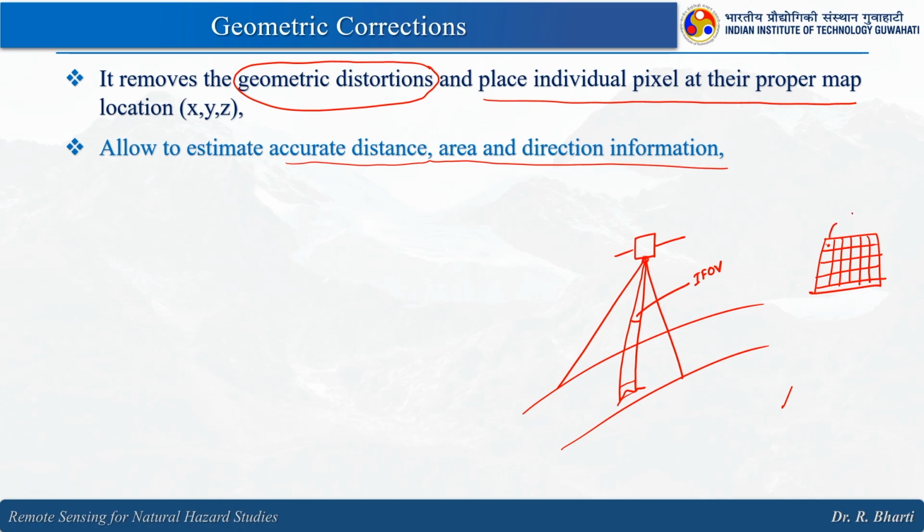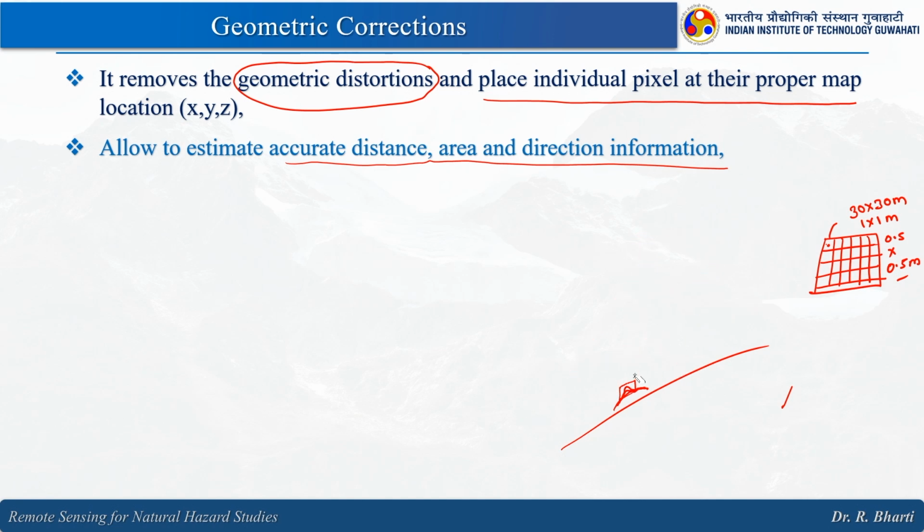But we generally say this satellite image is having 30 by 30 meter or 1 by 1 meter or 0.5 by 0.5 meter, right. So in such situation what will happen? The role of this topography is very critical, right, or the curvature of the earth. So what we do in this particular geometric correction, we try to provide the accurate shape and size information to our pixel and also their location.